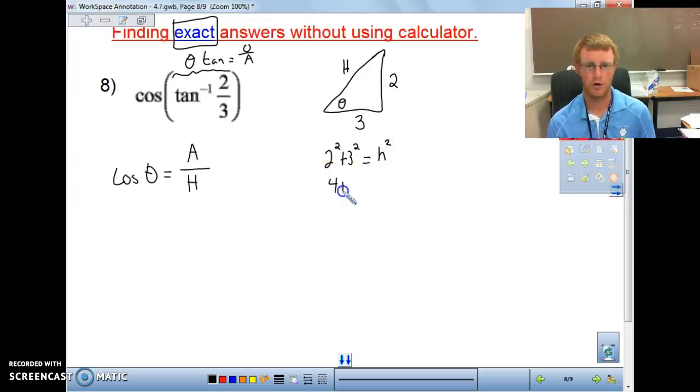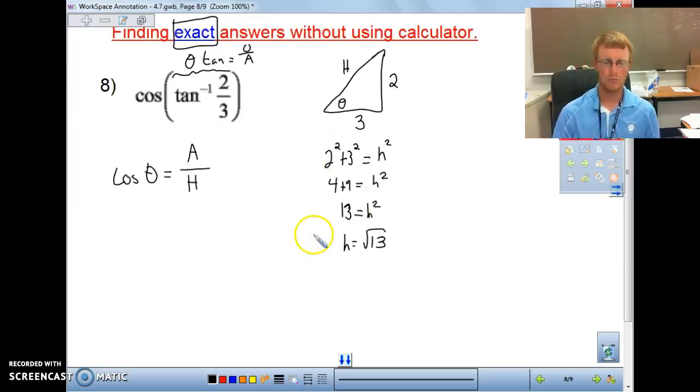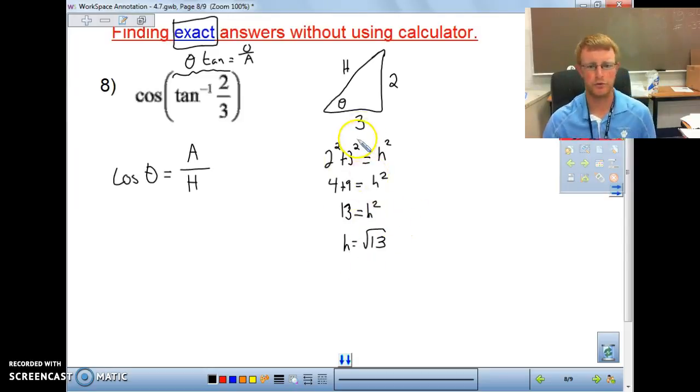We end up with 4 plus 9 equals h squared. 13 equals h squared. h equals root 13.